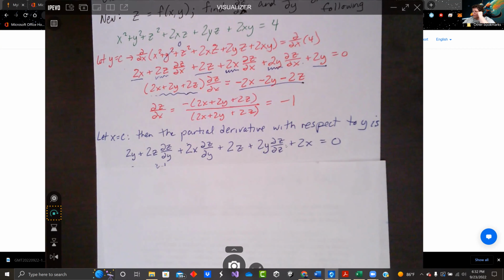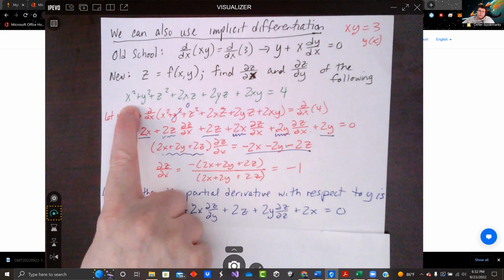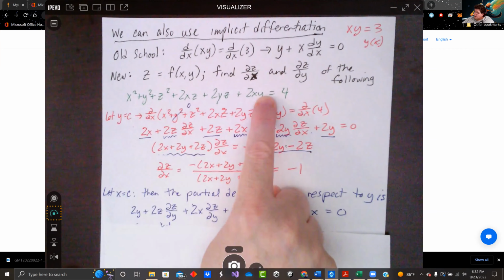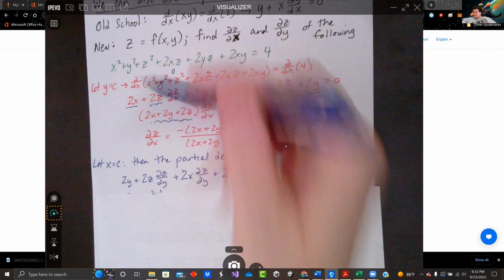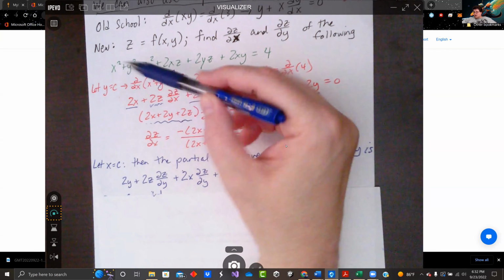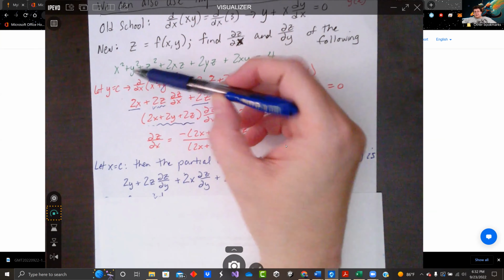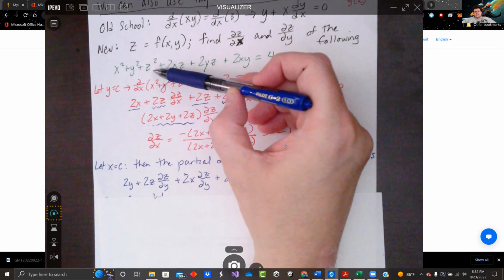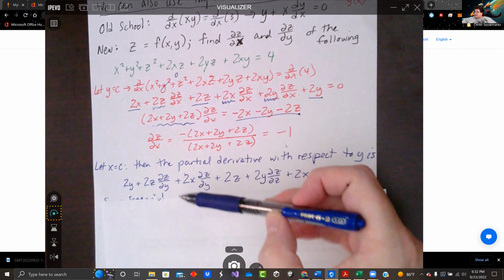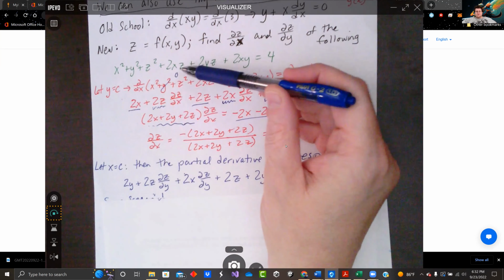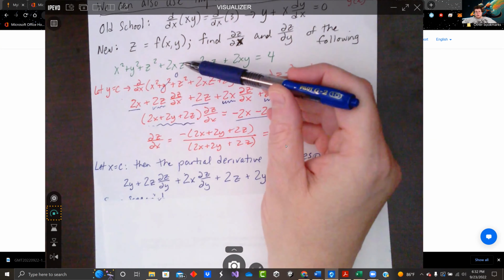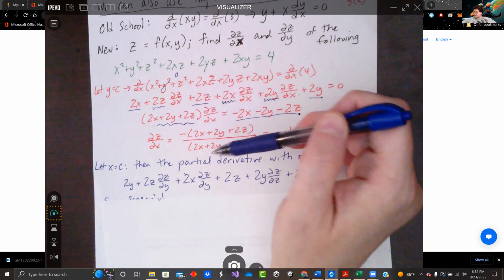So we're looking at that same equation. When we do the same process, doing the partial derivative with respect to y on this, we're going to get 2y, which comes from our y squared. X squared goes to 0. Y squared is 2y. Z squared goes to 2z dz dy. 2xz, the x part is constant, so this is the derivative of z. So I've got 2x dz dy.